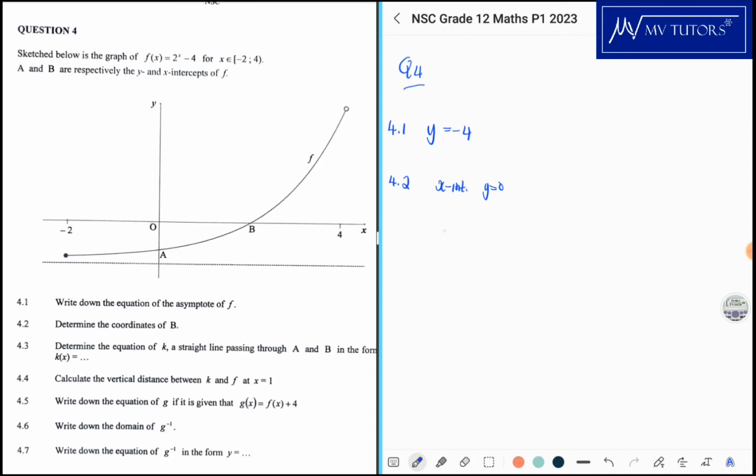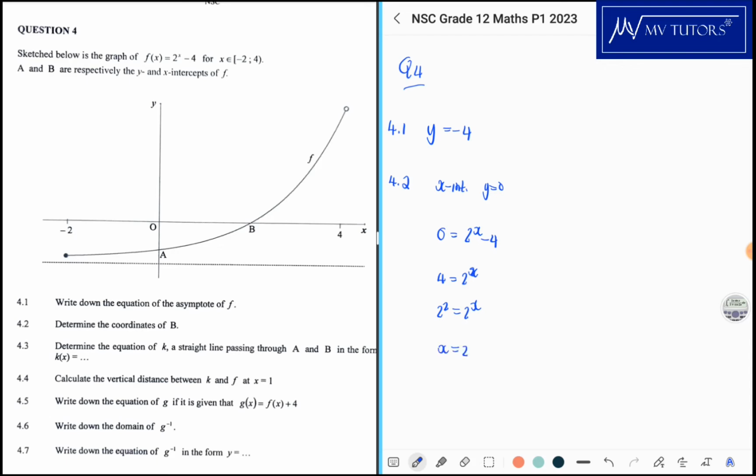Yes, so we have 0 is equal to 2 to the power x minus 4. So if we take 4 to the other side, we have 2 to the power 4 is equal to 2 to the power x. Okay, so now we have 2 to the power 2 is equal to 2 to the power x, the same base, meaning the exponents are equal.